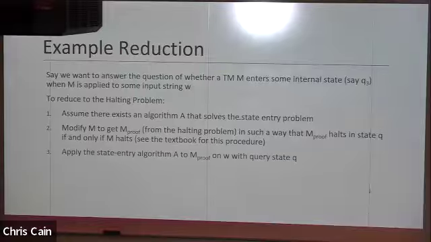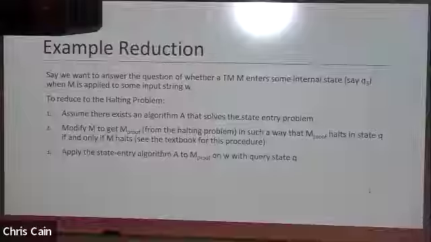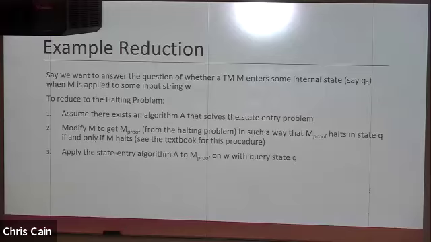We then just apply the state entry algorithm to that machine with the string, with the query state Q, and now this is the equivalent of the halting problem. If we halt, then we get to the query state. If we don't halt, then we don't get to the query state.